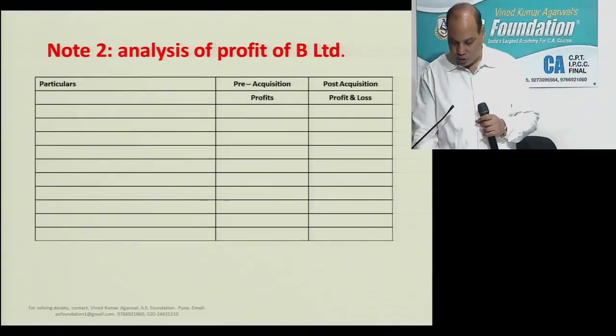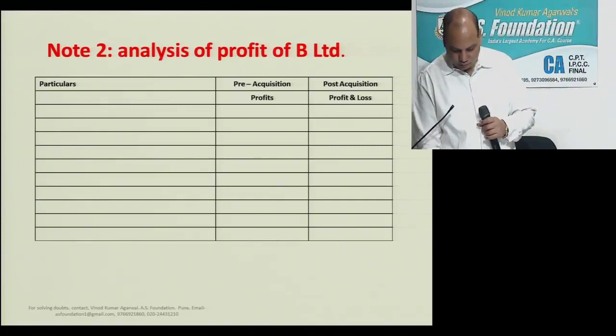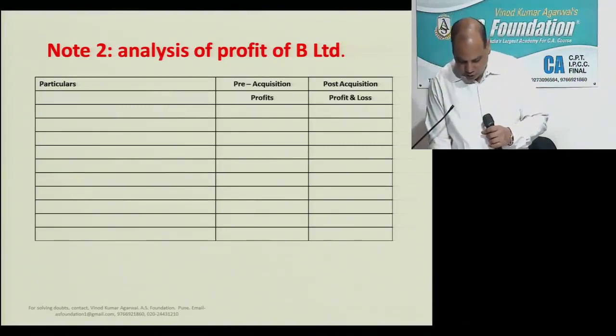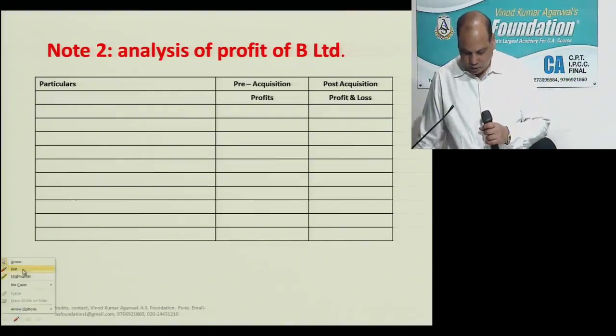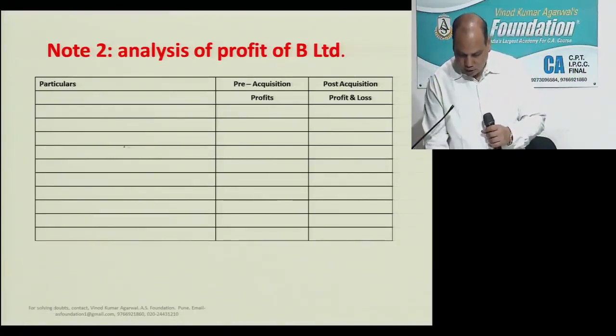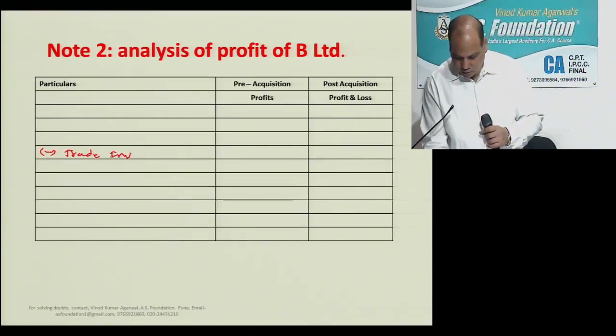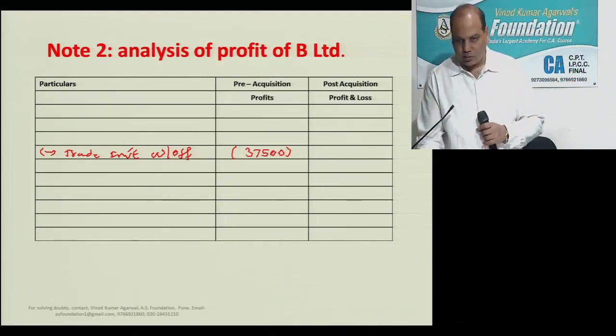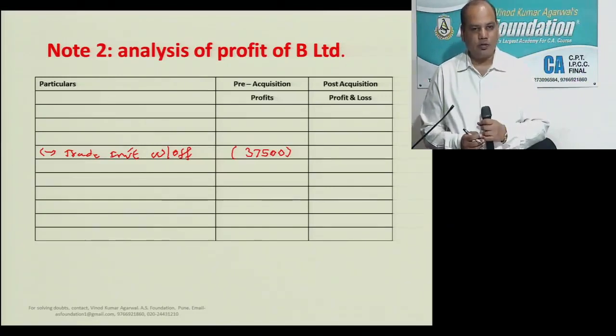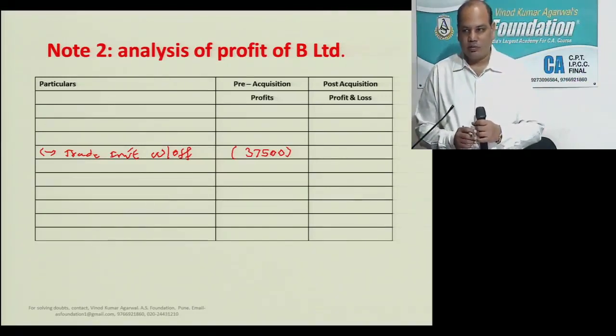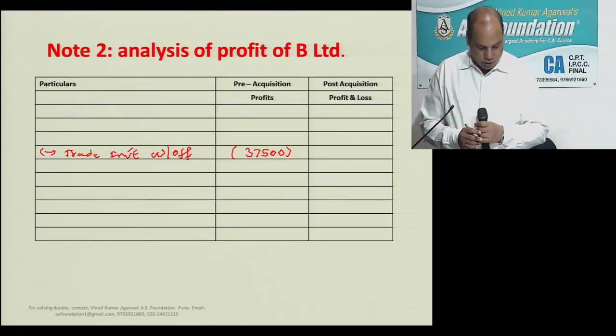Keep 4 lines blank and write less trade investment written off in pre-acquisition column, 37,500, because they wanted to write off on the date of acquisition only, but they have not done it. So now we will do it, but in pre-acquisition only. Any question on this?